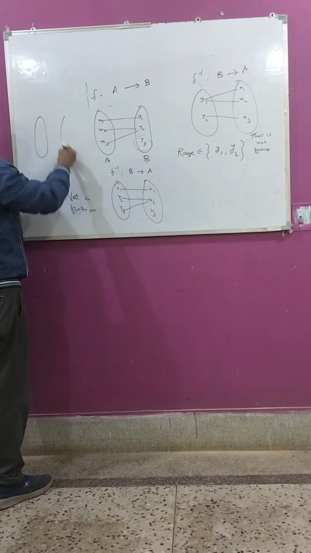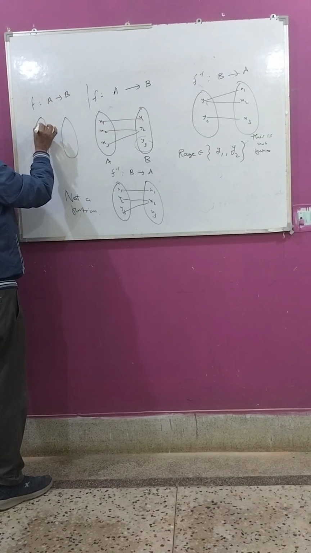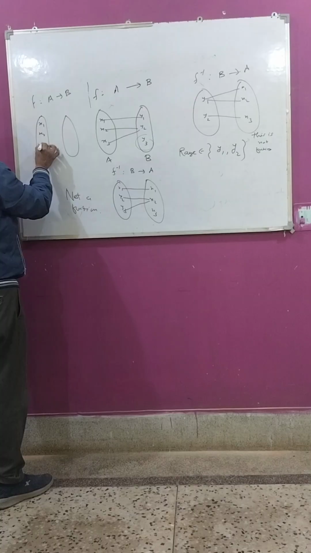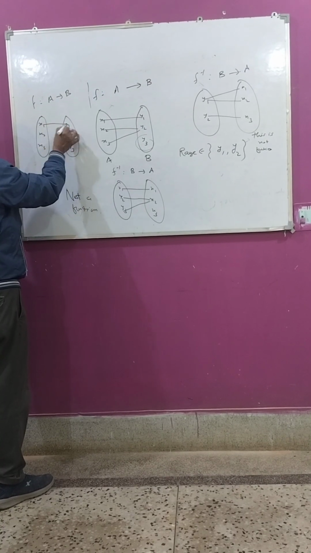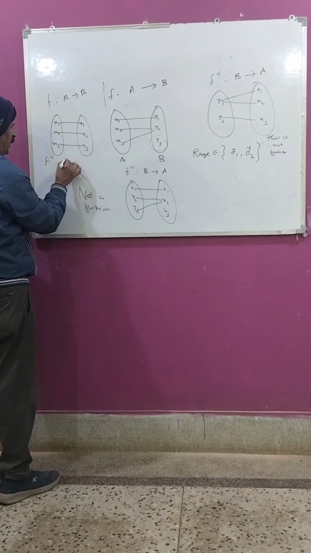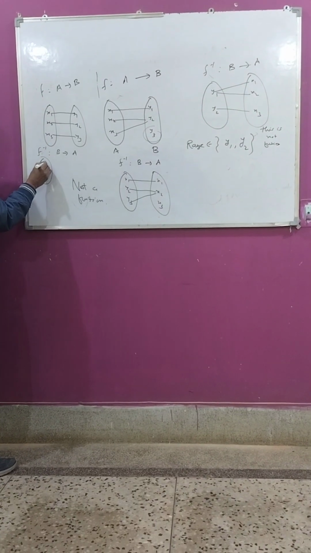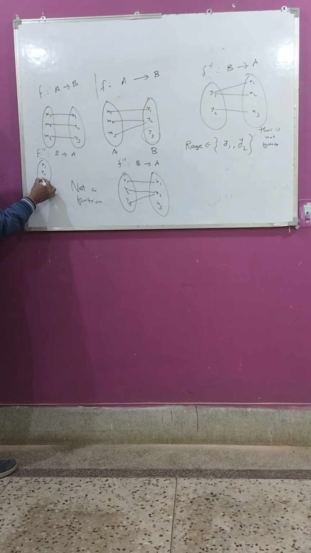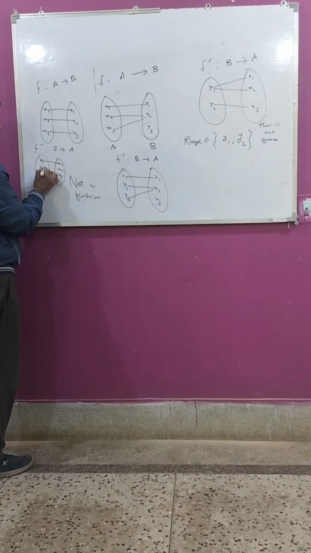So this is an into function. But as far as this is concerned, f: A to B, x1, x2, x3, y1, y2, y3. So if it is f inverse, B to A, this is y1, y2, y3, x1, x2, x3.